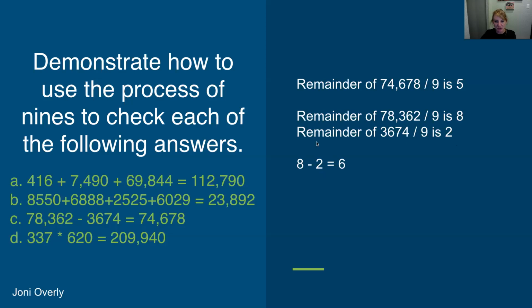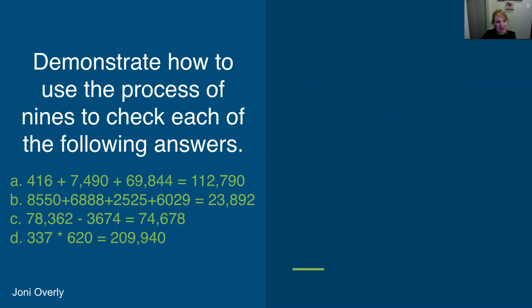So we are just going to take our 8 minus 2 equals 6. And so there is an error in this calculation. The correct calculation is, if we add it up, 74,688.